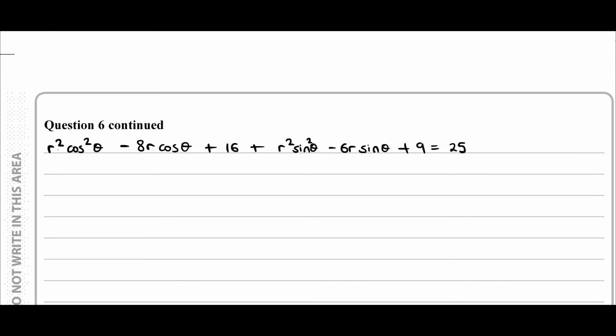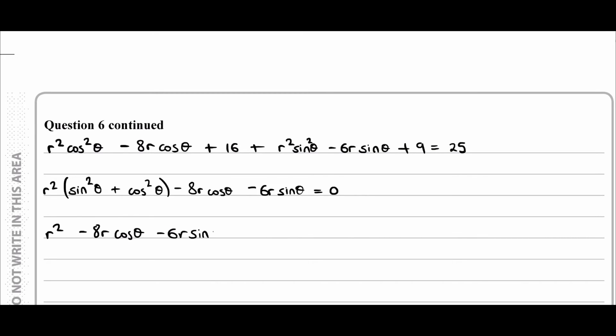And if we factorize out an r squared, we have r squared lots of sin squared theta plus cos squared theta, minus 8r cos theta minus 6r sin theta equals 0. We know that sin squared theta plus cos squared theta is equal to 1. So we have r squared times 1 minus 8r cos theta minus 6r sin theta equals 0.